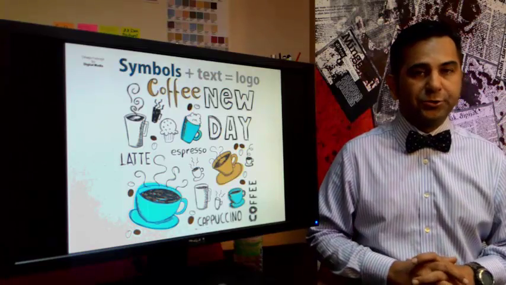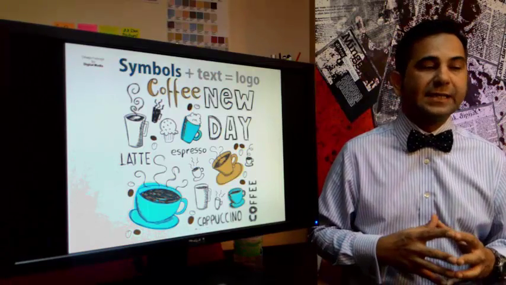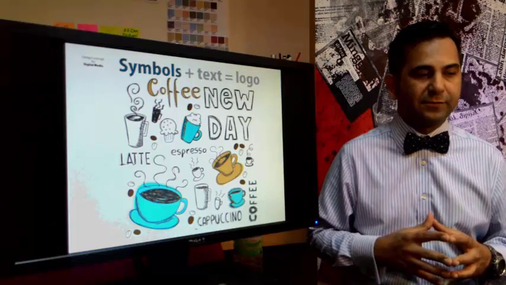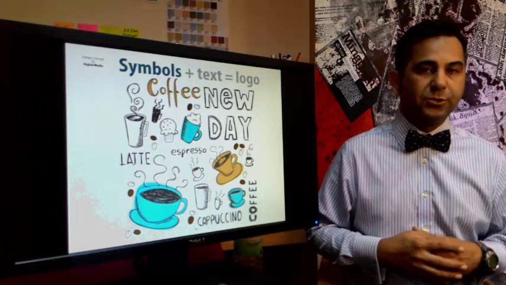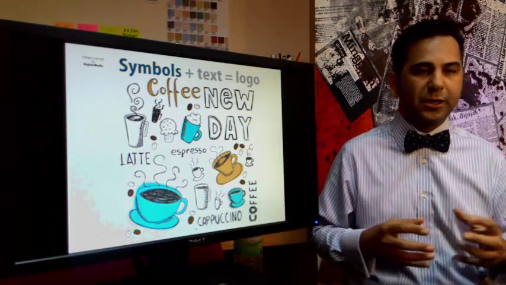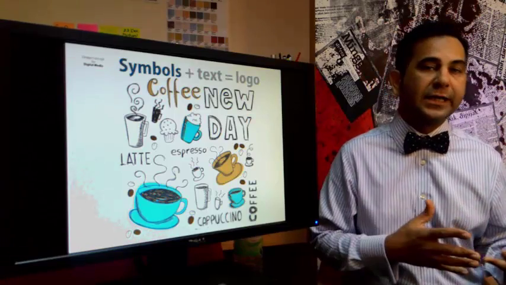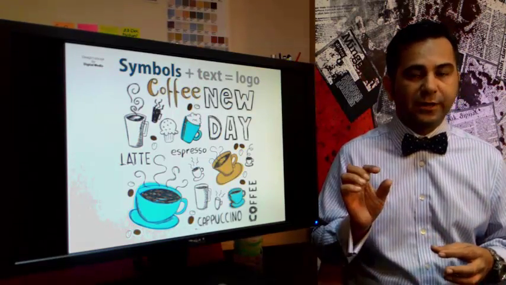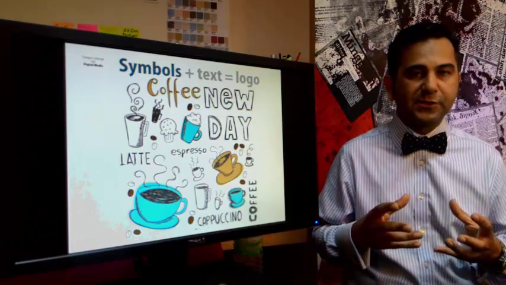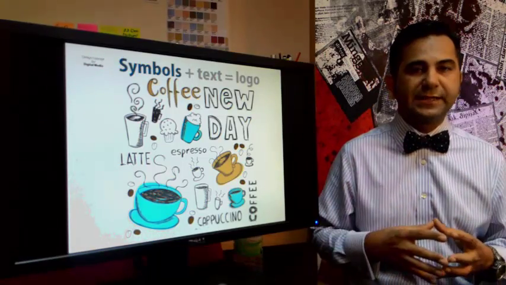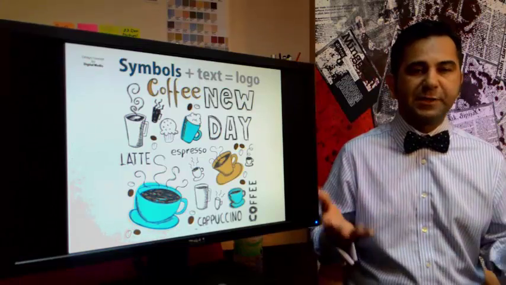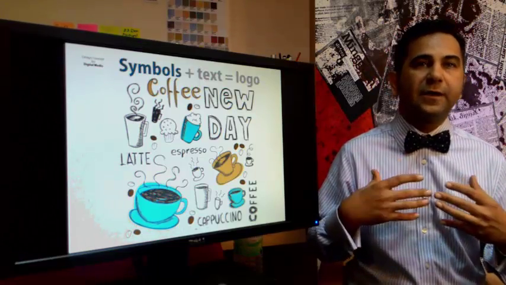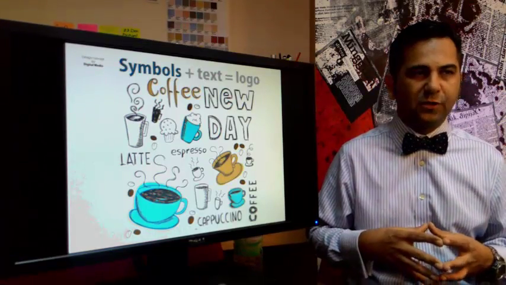You remember I told you a logo is created by symbols and text. First, what I'm going to do is I'm going to collect some symbols that are related to that industry. When it comes to a cafe, you know the coffee bean, you know the cups, different things that can be related, the espresso machine, what a cafe is used for.